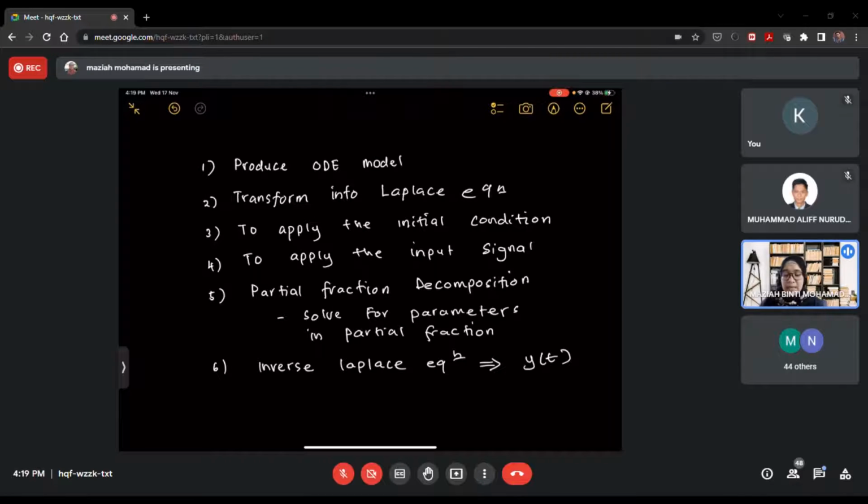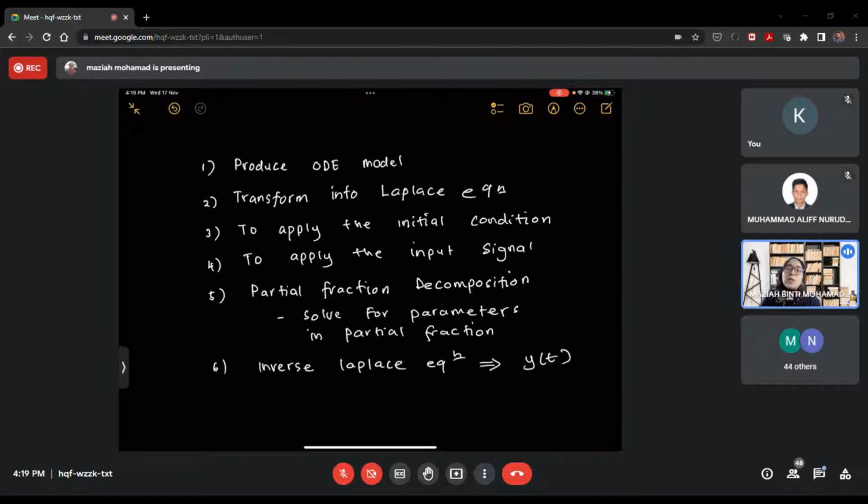Maybe there is no applying of an input signal there, because this is the application for the control system, so we are going to apply the input signal. But basically, in ODE, they give you the ODE and you need to transform it into Laplace. So you have learned that. Applying the initial condition, you also have learned that.